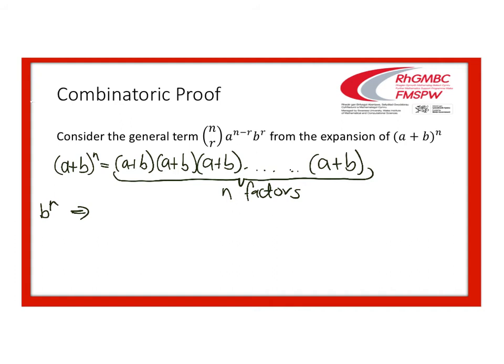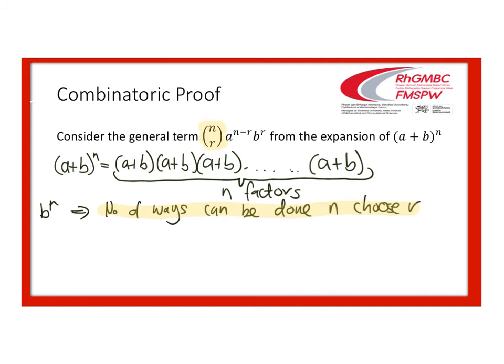In other words, the number of ways this can be done is that we have n brackets choose r. I'll highlight it just to make sure we're clear on what it gives us. It gives us this part here, the n choose r. This comes from combinatorics.